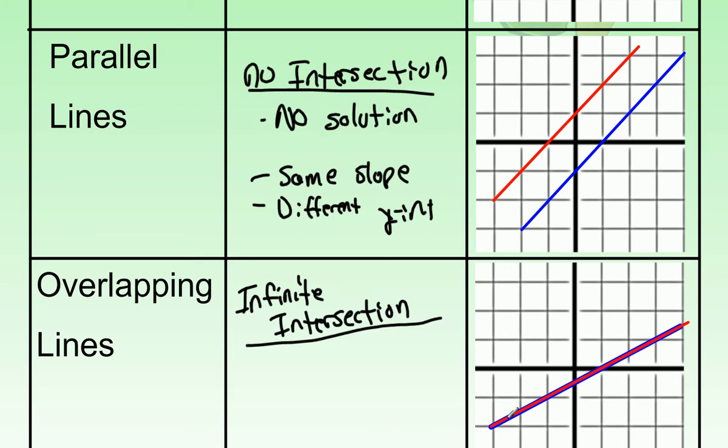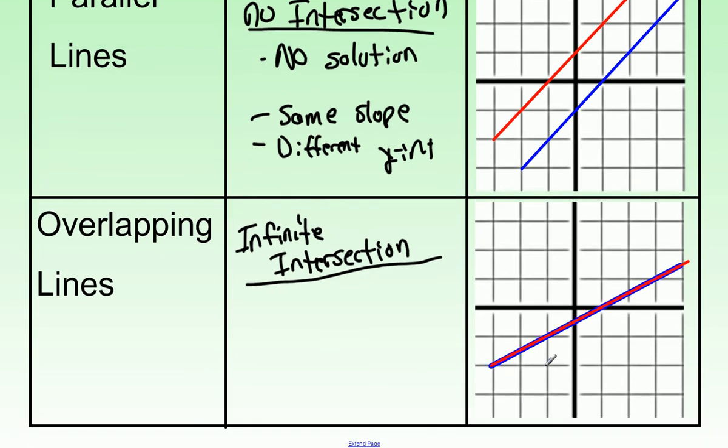Every single point along the line, they are intersecting with each other. Because there's an infinite number of intersections, there's infinite solutions. So that's where you can tell.